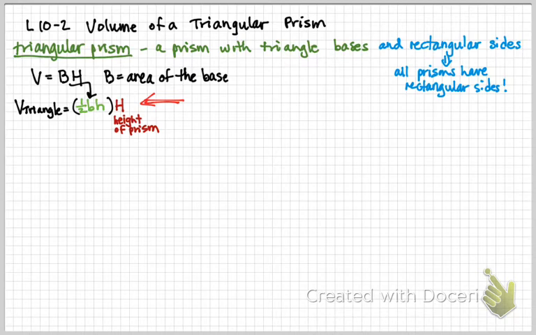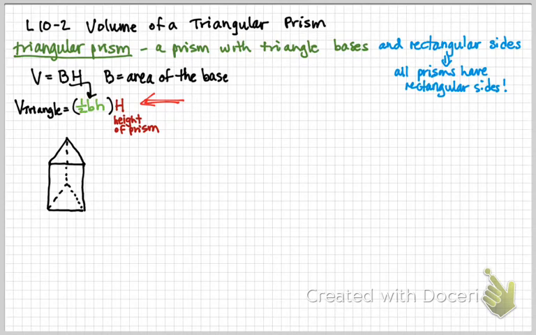So I'm going to draw a couple of them, and I'm going to highlight what the bases look like. So you're seeing, as I'm doing this, how I'm creating it. Okay.